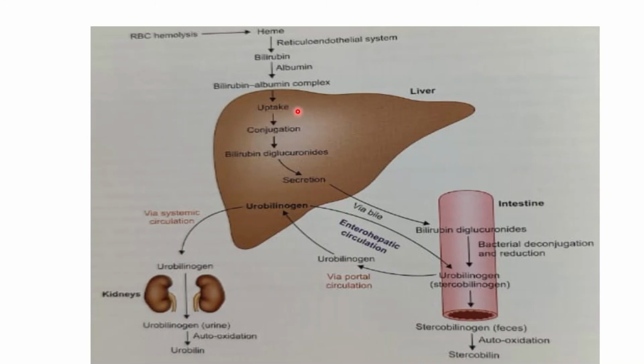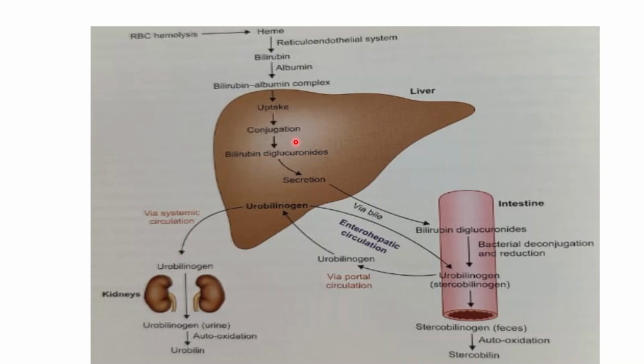This uptake is a carrier mediated active process. Bilirubin binds to ligands or the protein Y inside the cell. Then next is the conjugation. Bilirubin is conjugated with glucuronic acid in the presence of the transferase enzyme, and forms bilirubin diglucuronide.